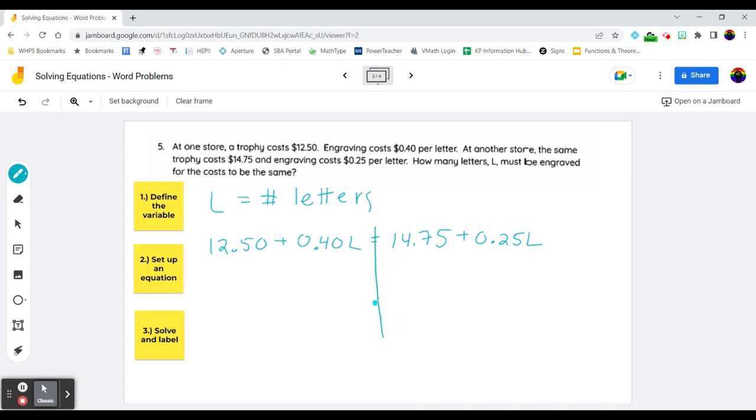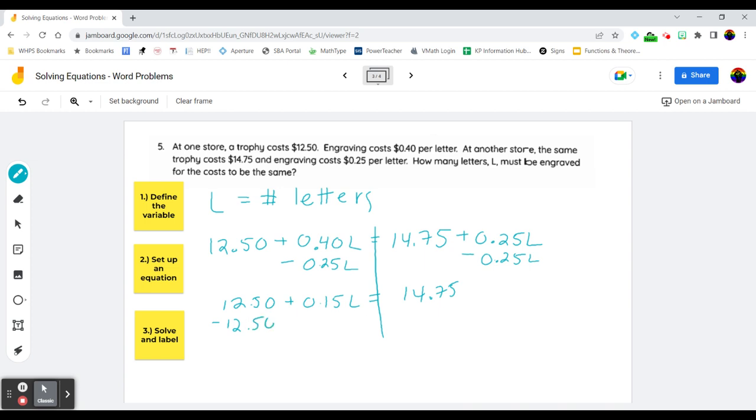So we draw our line. I'm going to subtract 0.25L from both sides, which is going to give me 12.50 plus 0.15L equals 14.75.